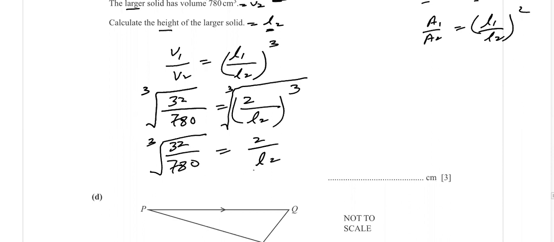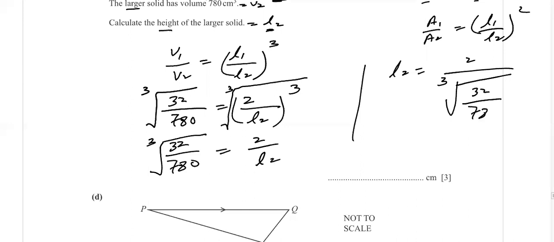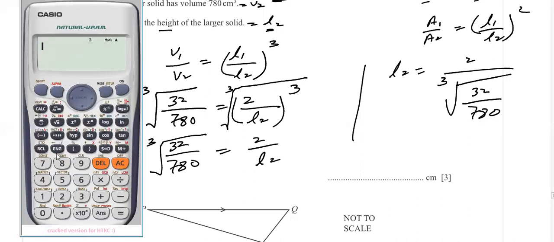And then just take L2 to this side and bring this to the other side. Finally, our L2 will be 2 over the cube root of 32 over 780. And now calculate. Use the calculator here. 2 divided by the cube root of 32 over 780.